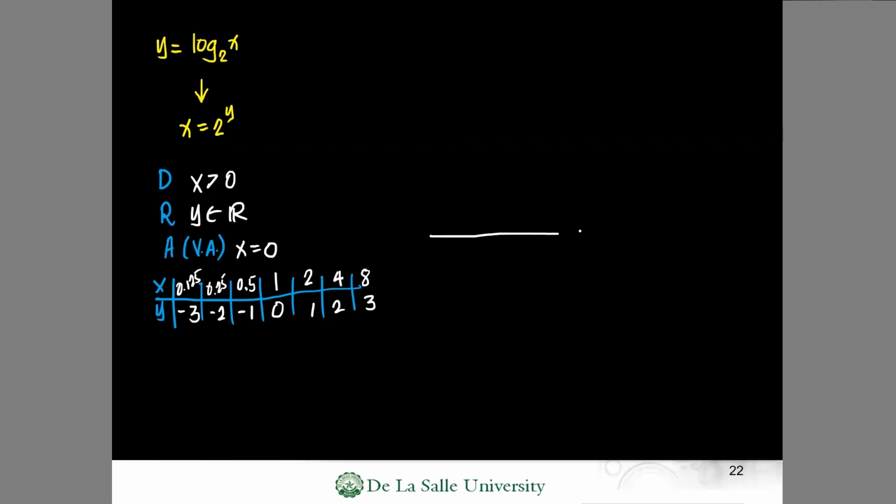So, let's try graphing. 1, 2, 3, 4, 5, 6, 7, 8. 1, 2, 3. 1. Okay. It says there that if x is 0.125, it's -3. I'll draw first my asymptote. Your asymptote now is x equals 0. It's vertical.